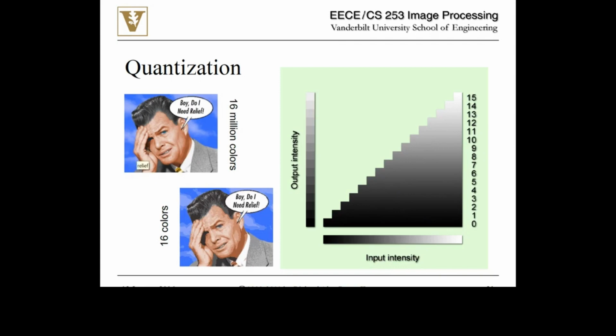Okay, so yeah, if we go from 16 million to just 16 colors, clearly we cannot represent smooth transitions. They have to be stairwise. That is what we see there. It goes in steps. And here we have more or less the same representation where we have the input intensity, that is a continuous value, let's say with 8 bits from 0 to 255.